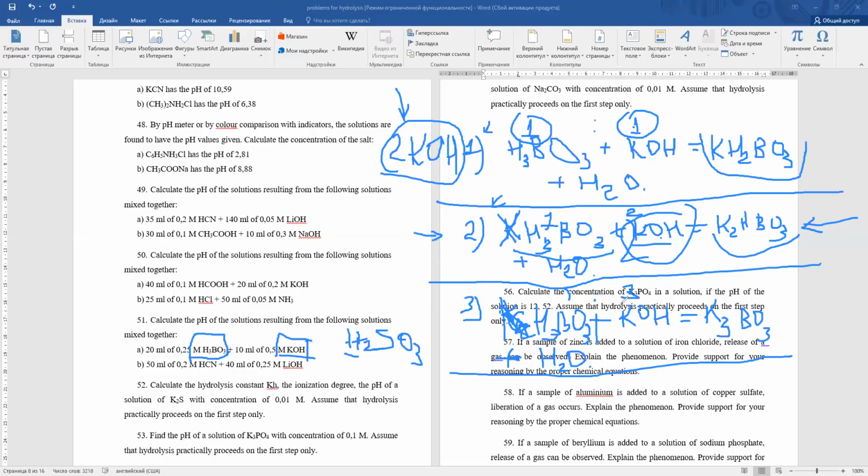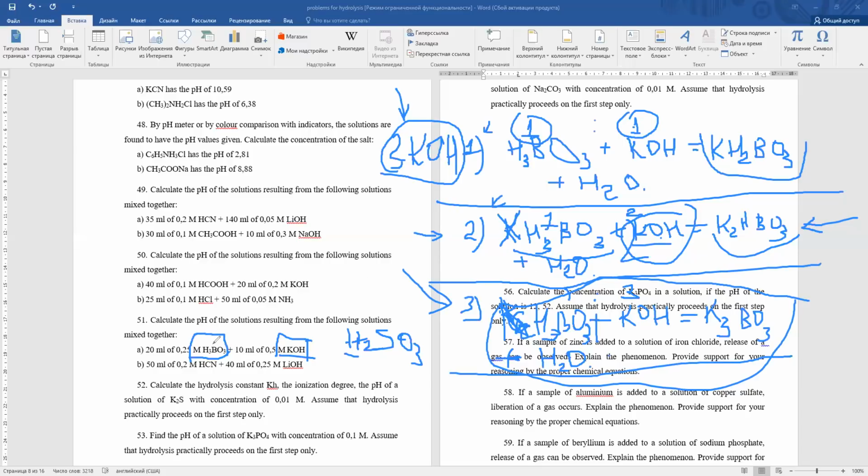Is that clear? Okay. If you have 3 moles, you can continue this reaction till the end, and the final total reaction looks like this. Do you have any question about this?